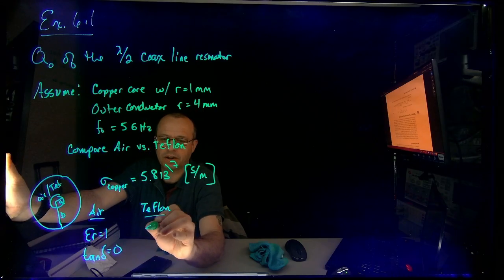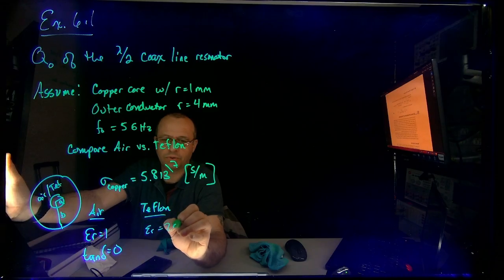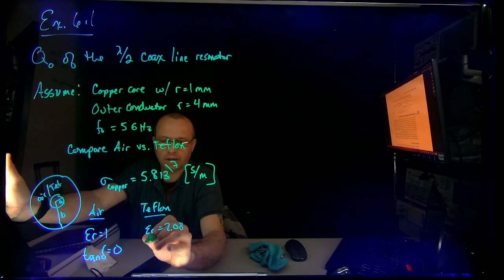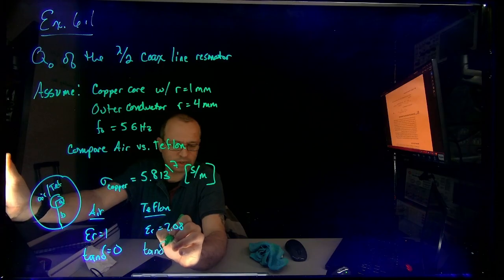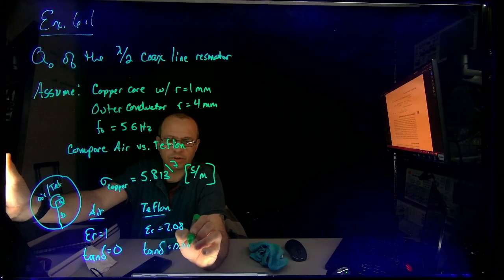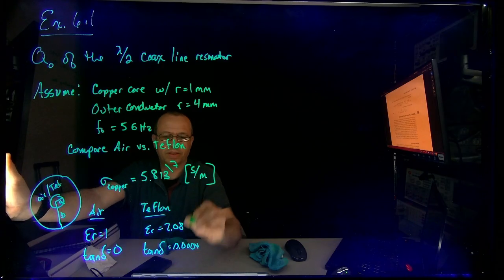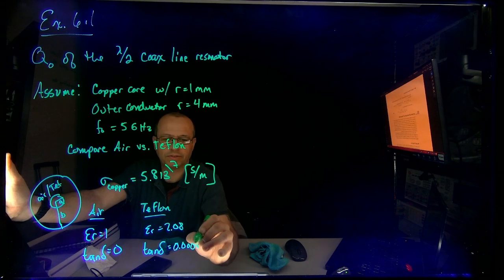For Teflon, epsilon r is 2.08 and tangent delta is 0.0004. That's a 0, and that's a 4.